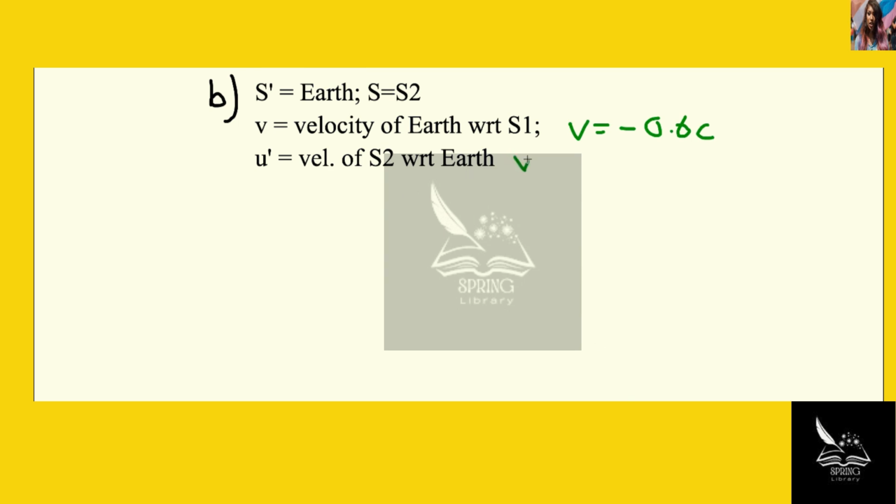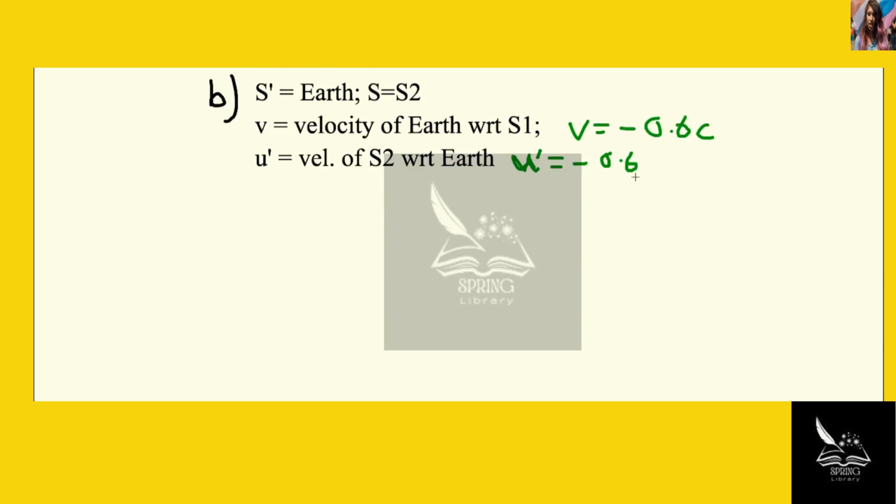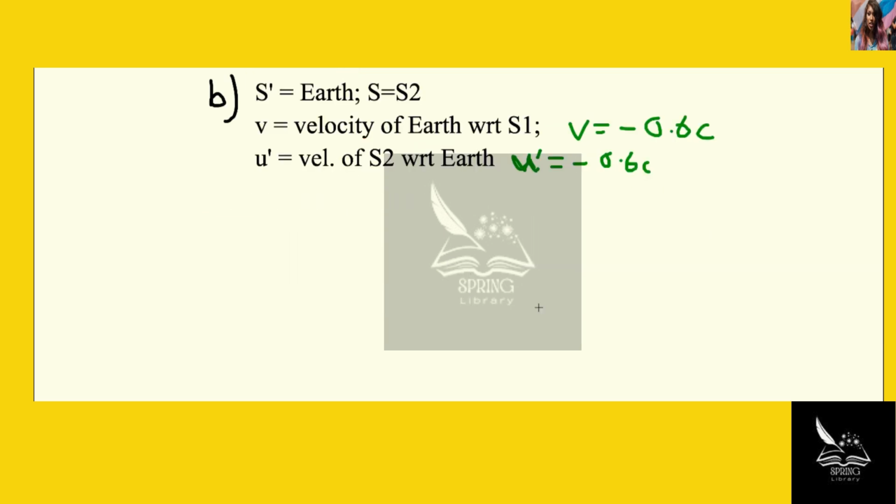And similarly, U prime will be negative 0.6. This is because spacecraft 2 is moving away from the Earth at the speed at which it is traveling. So that's a negative 0.6 C. Again, these could be positive, and these here could be negative, and you would get the same relative velocities, or the same answers when you compare those two.